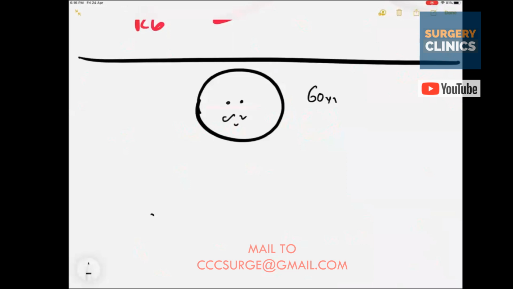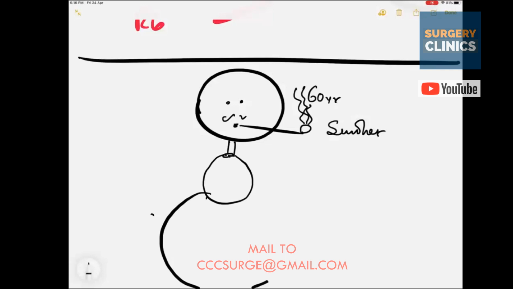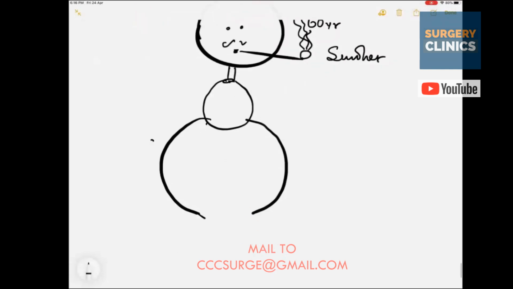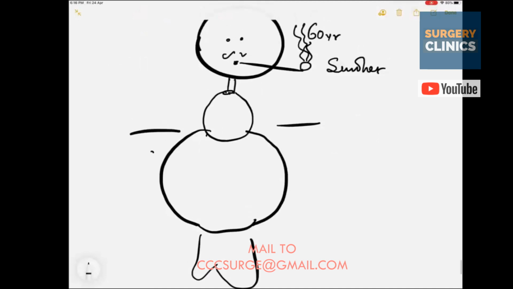This patient is a 60-year-old gentleman who used to smoke his cigars and pipes very commonly. So he's a smoker, and as you can see, he has a big belly. But this man also complained, doc, I am feeling something heavy on my right side.